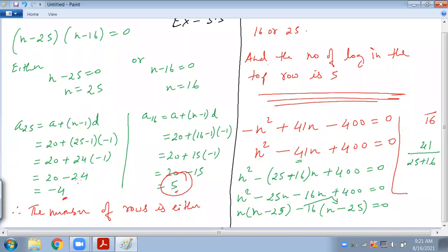That is this. We cannot take the negative value because the count of logs cannot be less than 0.